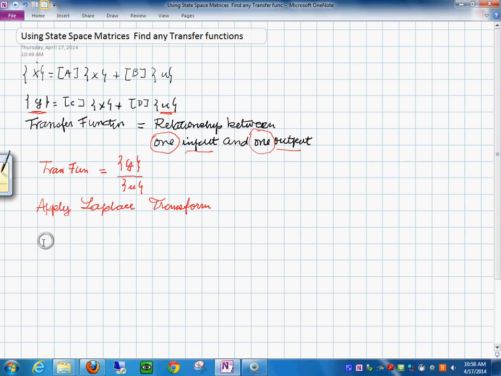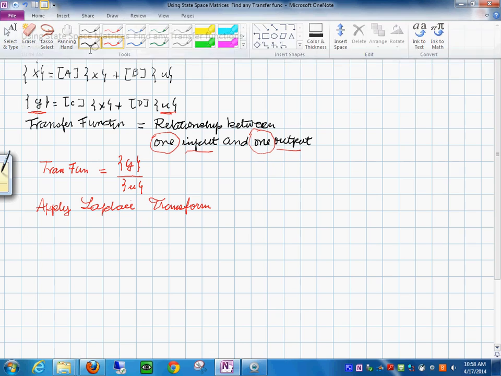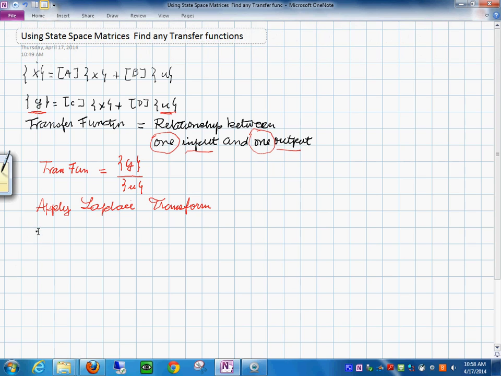So when we apply the Laplace transform, on the first equation, this would be s. Remember that d/dt is the operator s, the Laplace operator.